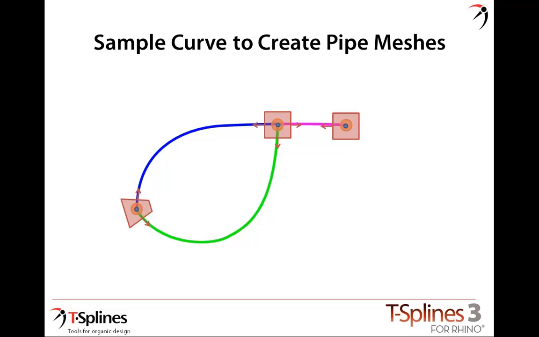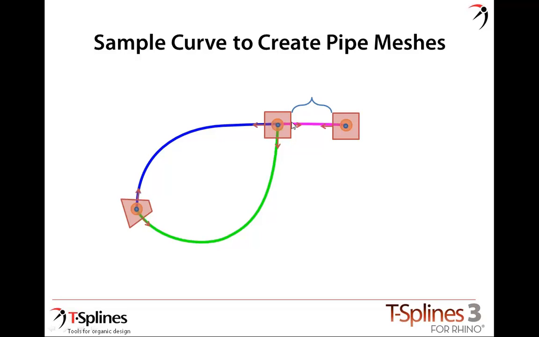And then we need to sample these curves to create the mesh that runs in between the joints. So for example, if I've got this purple curve here, a part of the curve is taken up just by the joint, and then the rest of the curve is where I'm going to fill in with a pipe mesh.